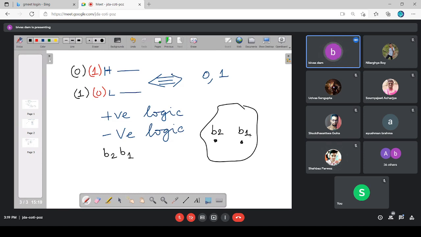If I try to extract a certain voltage level from a particular node, I can say that this node can be visualized as one output signal of a particular circuit. So here I have the output of one circuit, and here I have the output of another circuit.